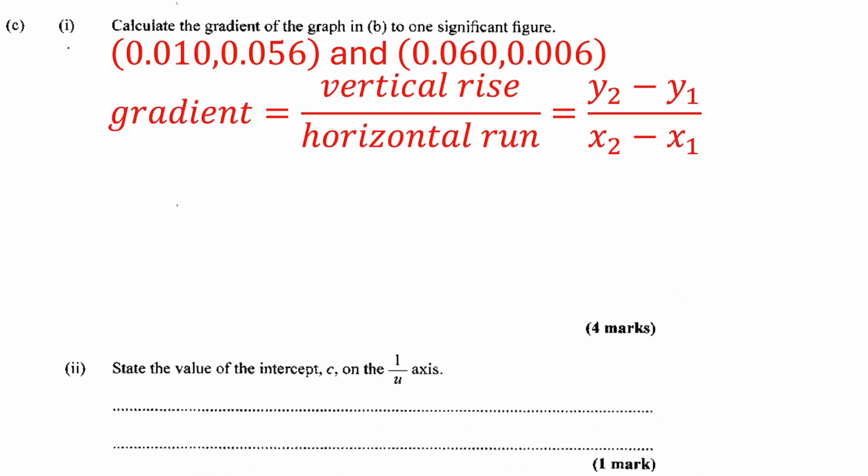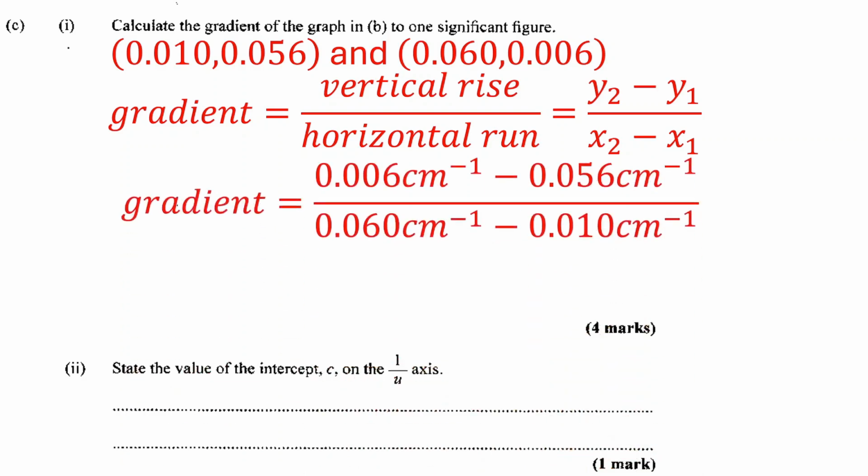And so we use the formula that the gradient is equal to the vertical rise over the horizontal run, or y2 minus y1 over x2 minus x1. So substituting into our formula, we'll have 0.006 minus 0.056 divided by 0.060 minus 0.010.